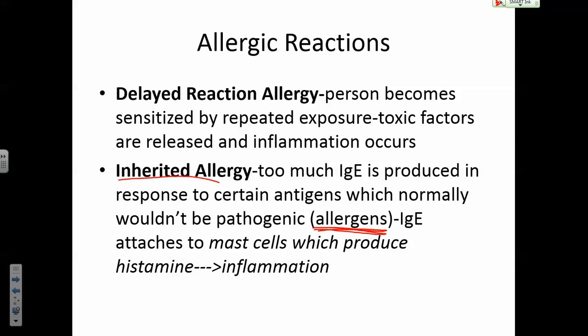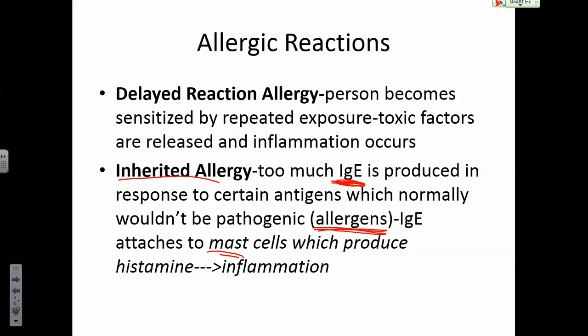Yeah, so that's it. But what you do is produce too much of a particular category of antibody, the antibody G, and the presence of antibody G on a mast cell causes that cell to produce histamine, and histamine promotes inflammation.